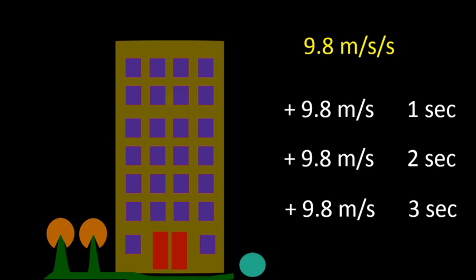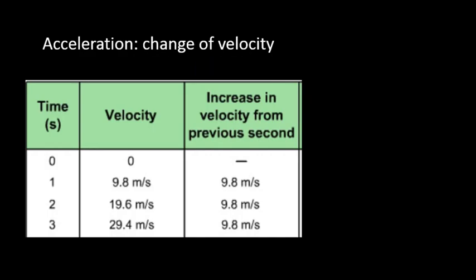Let me show you how this works on a table. So here, again, acceleration is a change of velocity, and on the chart we start with time 0 at a 0 velocity, and then the object drops. After the first second, the velocity is 9.8. During the second, it increases by another 9.8, and now it's going at a velocity of 19.6 meters per second.